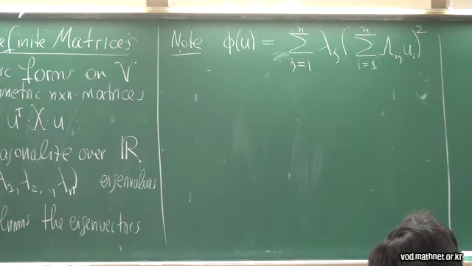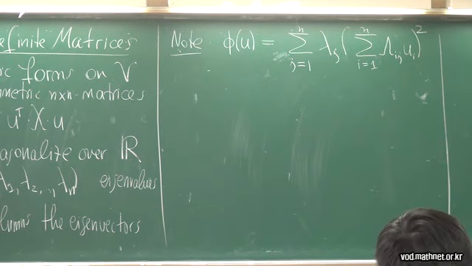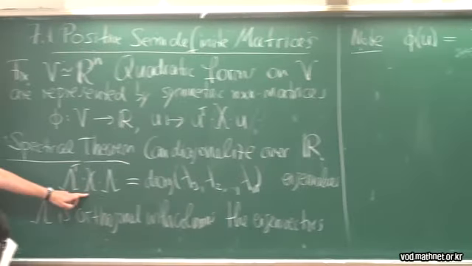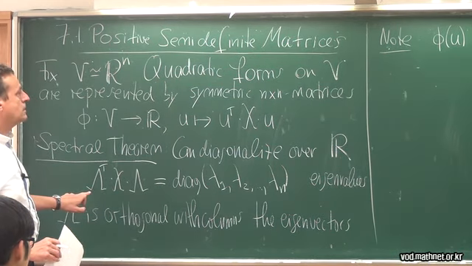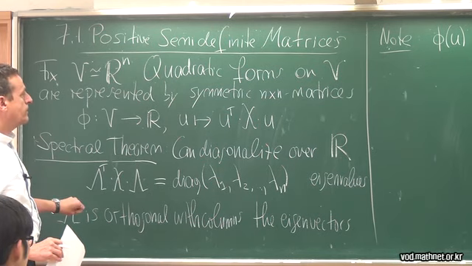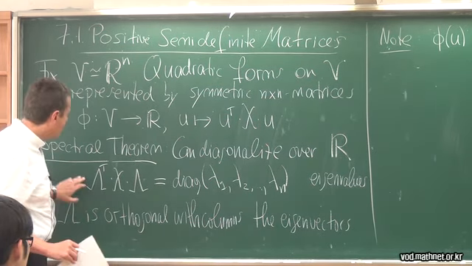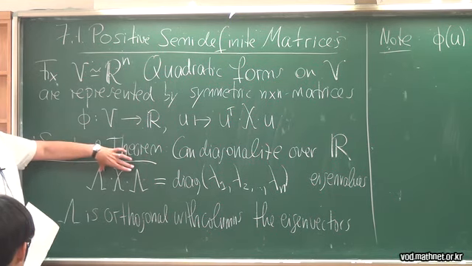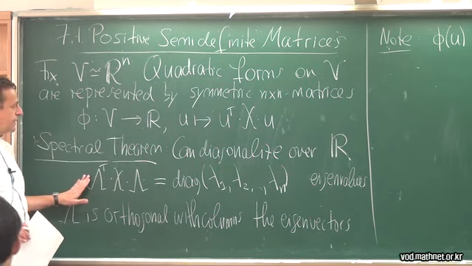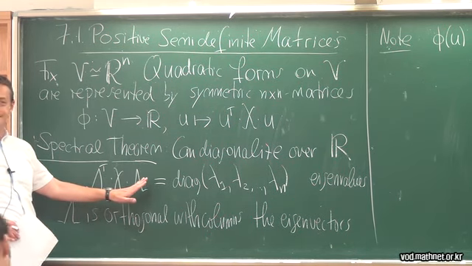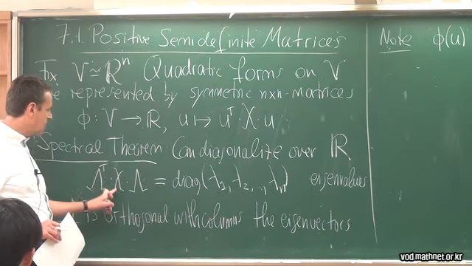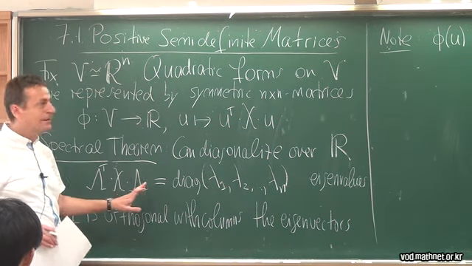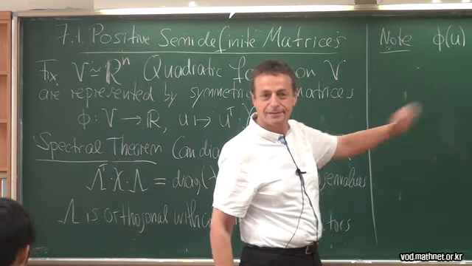Well, really this is regrouping. In the new basis, if we replace x by this, and we're multiplying with u transpose on the left and u on the right, then this is a scalar, the scalar u transpose lambda transpose X lambda u, that's a number, and that number can be rewritten like this. Just regroup by distributivity and so on.